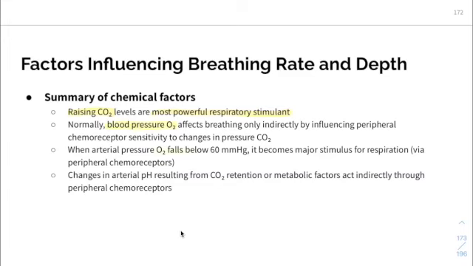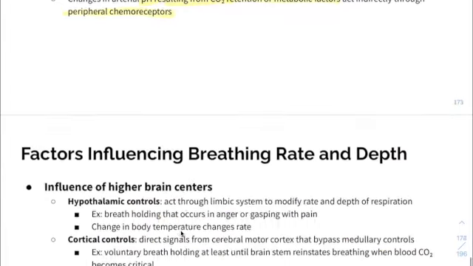Like when it falls below 60 millimeters of mercury. It's a stimulus for respiration. pH, because of carbon dioxide. Could be retention or metabolic factors. Lactic acid, ketone bodies. They're going to act on those chemoreceptors and try to bring more oxygen in.